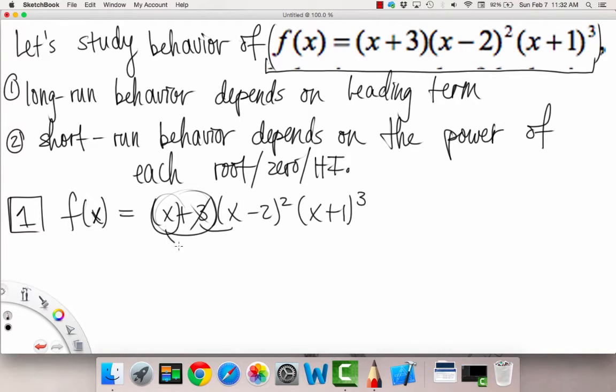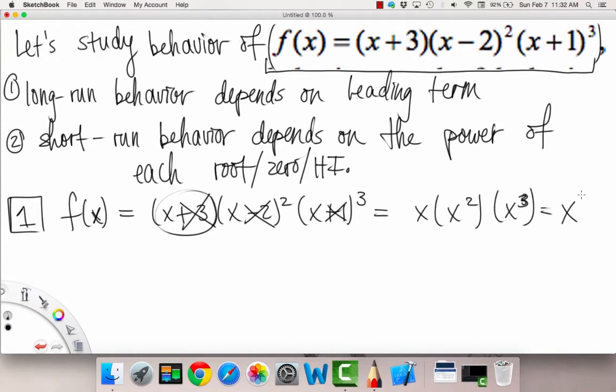So this x times another x would add to our power. What we're going to ultimately do, I know this is a little bit confusing, is jump over all of the numbers, all of the constants, right? So ignore this 3 here, ignore this negative 2, and ignore the positive 1, okay? And we're just going to take the powers, stick them on the x's, so we have an x squared and an x to the third, and this multiplies up to just an x to the 6th, okay?